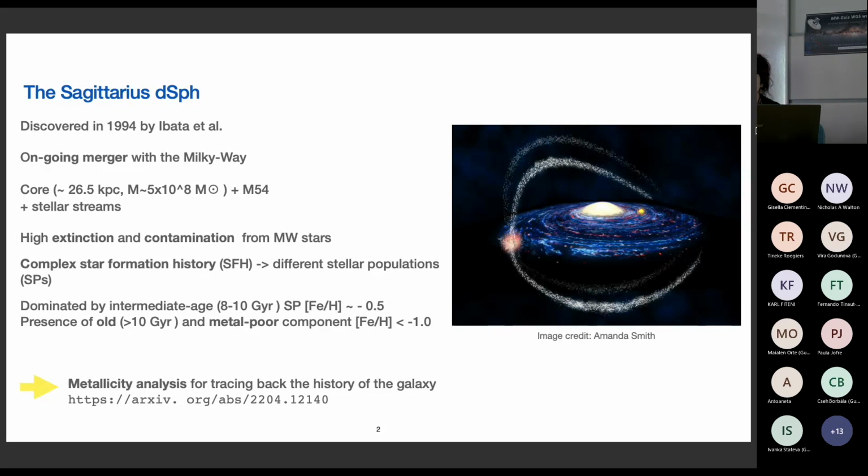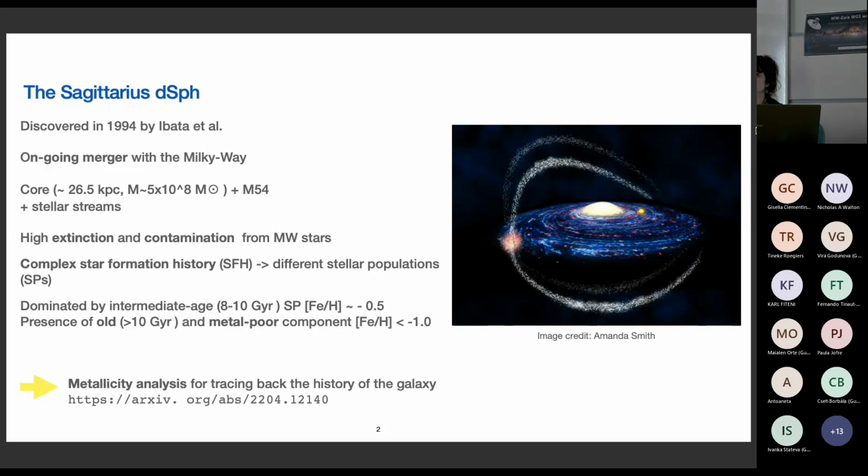Sagittarius, as I said, is a very unique laboratory to study the interaction between a dwarf and our galaxy, and it also presents a very complex and rich star formation history that led to the formation of different stellar populations.